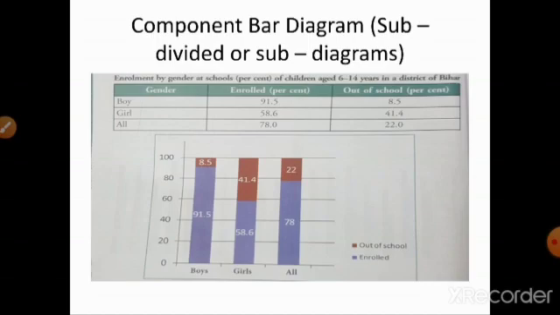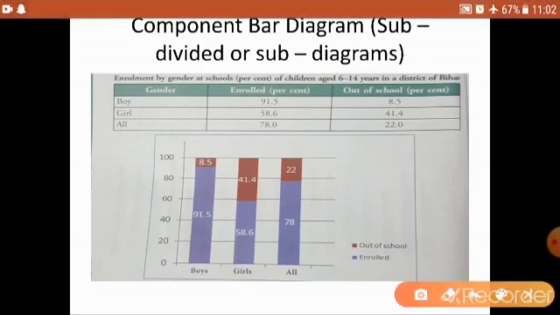So it helps to construct bar diagrams on the x-axis and also the y-axis, as we construct the normal bar diagram. Each piece of information is represented in a single bar. Here you can see the boys and girls represented in each category. This component bar is helpful for comparing the size of different components.